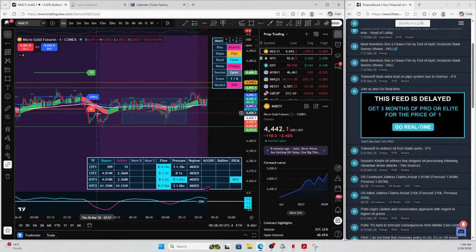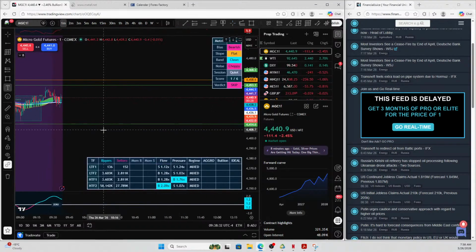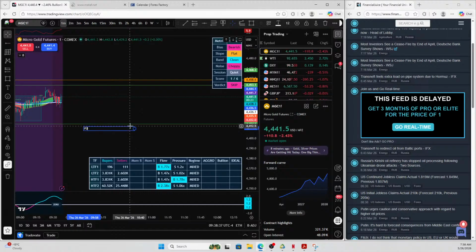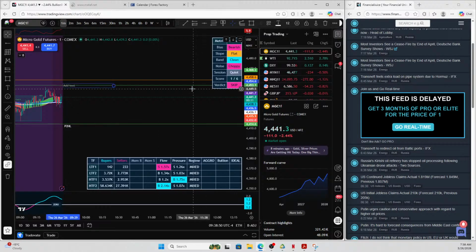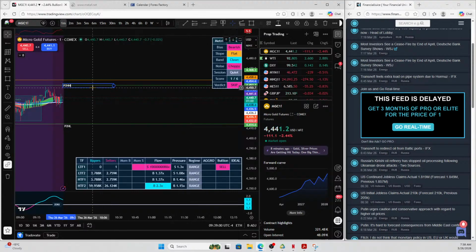I'll just mark for you guys the previous two-hour high and the previous two-hour low, so we can have an idea where we are with respect to the price. If you go here and we add another one right here, that's the previous two-hour high and the previous two-hour low.